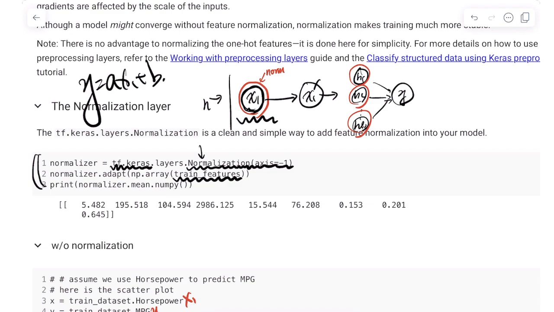So we draw a circle right here. That means we apply normalization as an activation function on your x1, which is a feature, and the output value should be the normalized value.